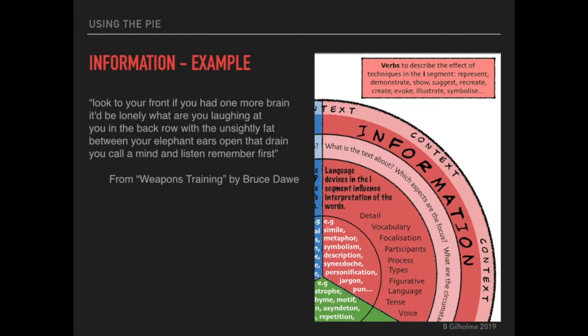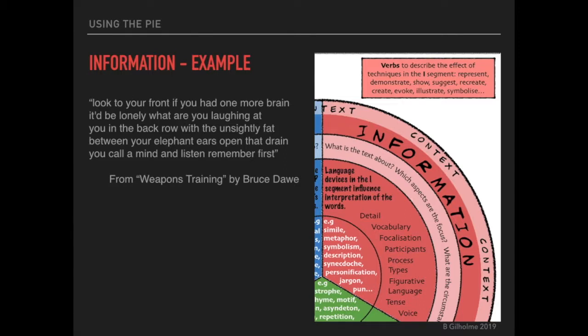So you can see again we've got, for example, simile, metaphor, symbolism, description, synecdoche, personification, jargon, and pun. So these are all language devices that somehow change the meaning, the literal meaning of the word, to communicate something else.